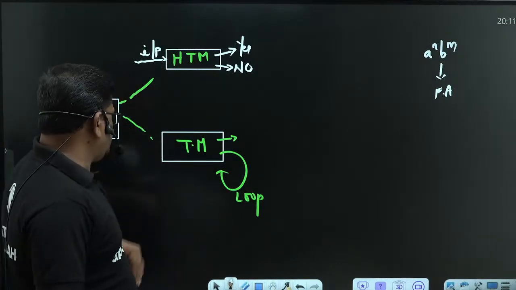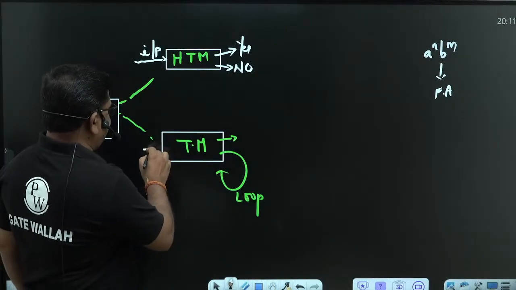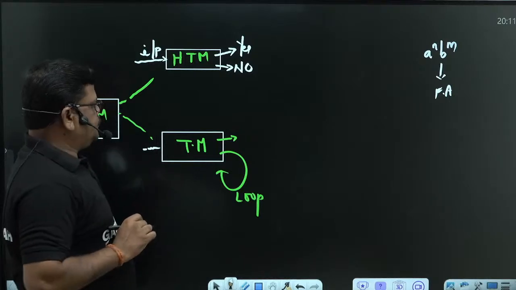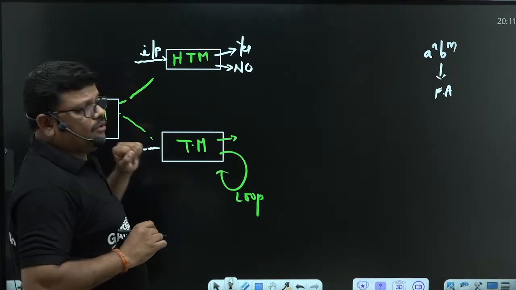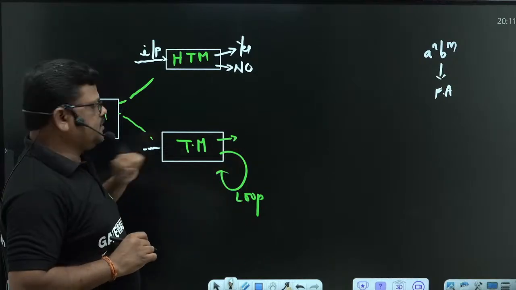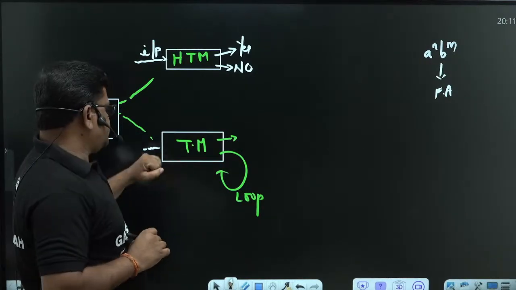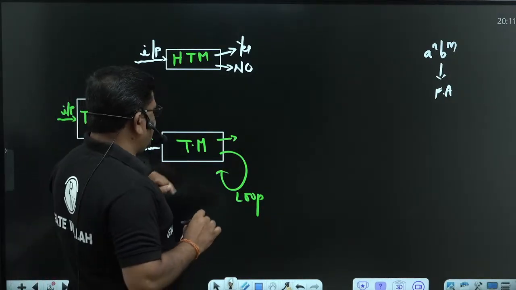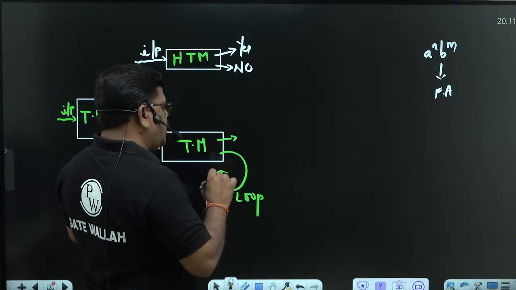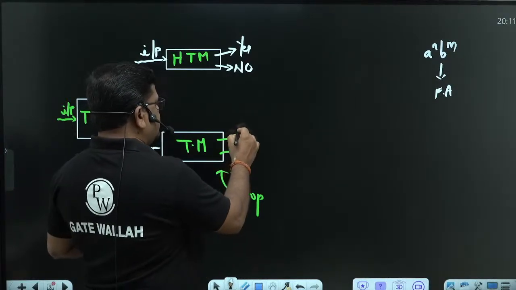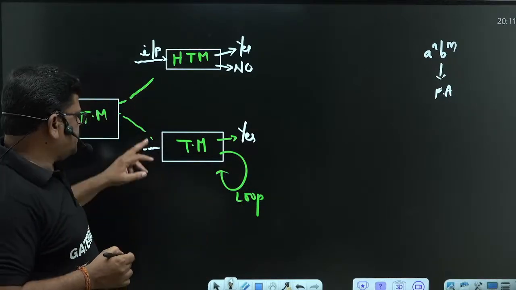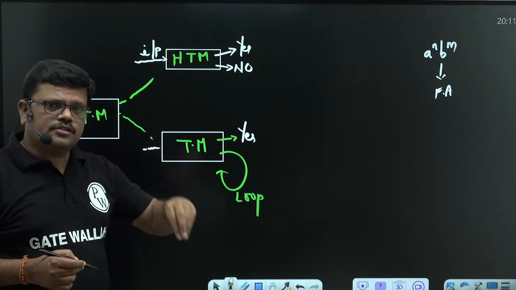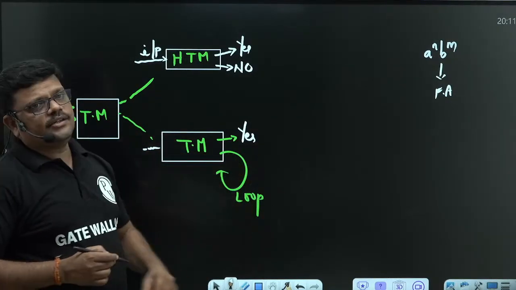If you observe this Turing machine, this is a general Turing machine. For any language, if you construct this machine, for the strings belonging to that language, the machine halts in the final state.